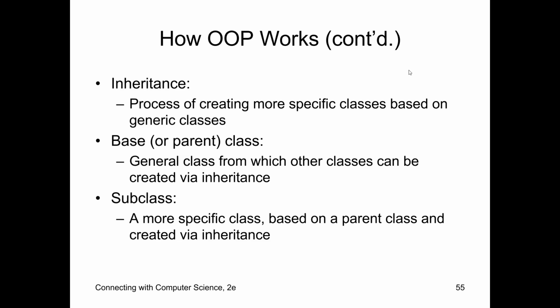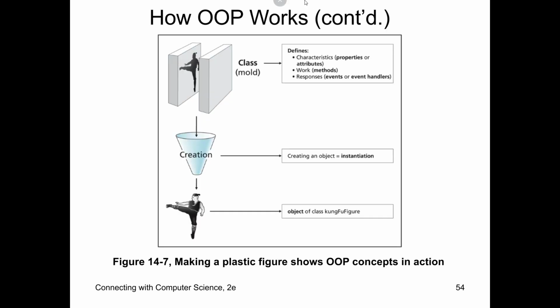So now that we talked about the object, there's three different types of how this works. So inheritance. This is creating more specific classes based on a generic class. So our generic class is the mold class. Okay, we want to inherit from that now. Here's the mold class.